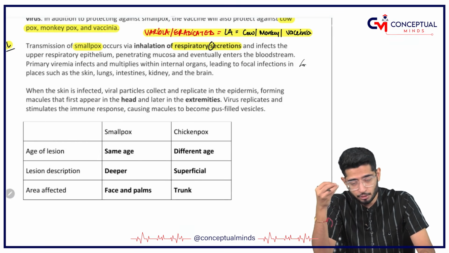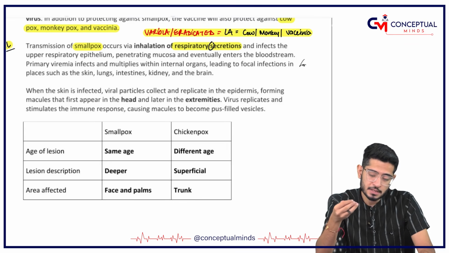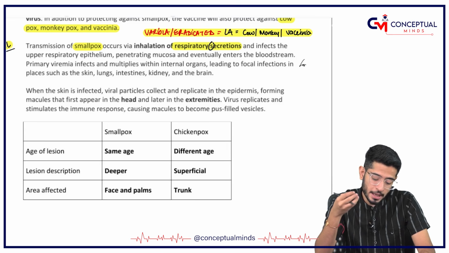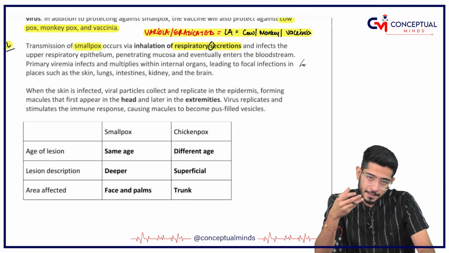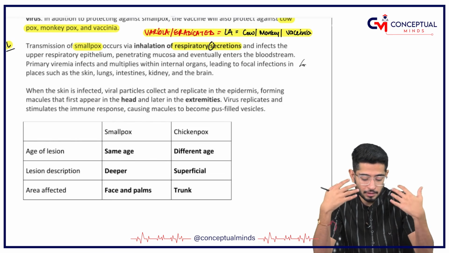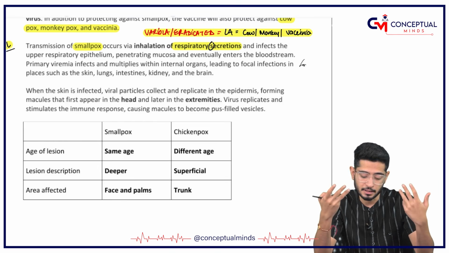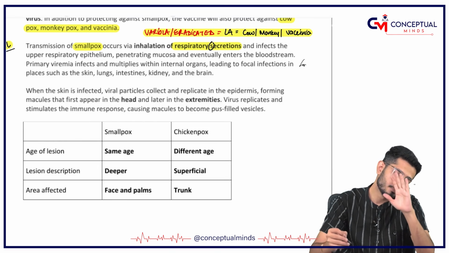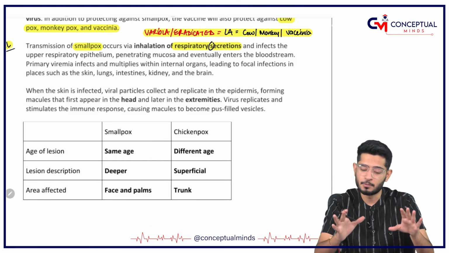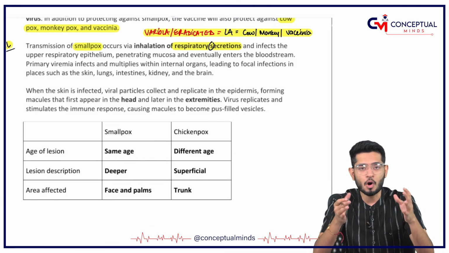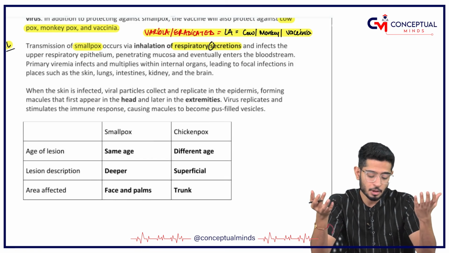And then it is going to penetrate through the mucosa, enter into the bloodstream, and multiply in different organs, leading to focal infections like in the kidney, the liver, the lung, the brain. So many places it can go, but you have to remember that smallpox, via the inhalation of respiratory secretions, is going to go inside your body.